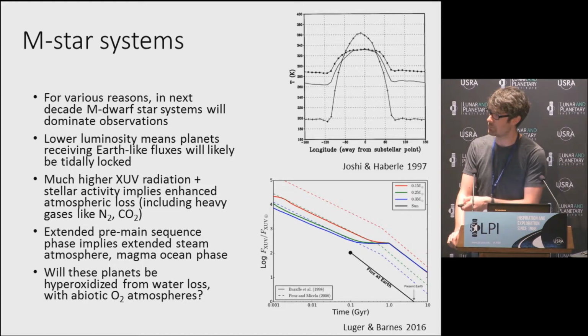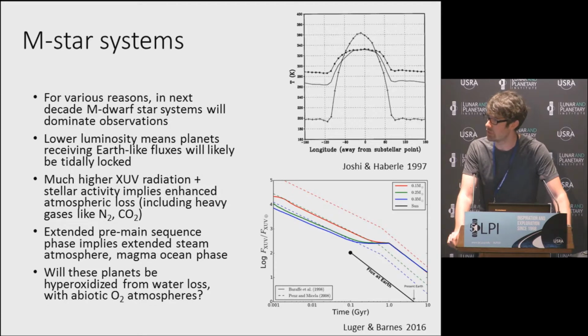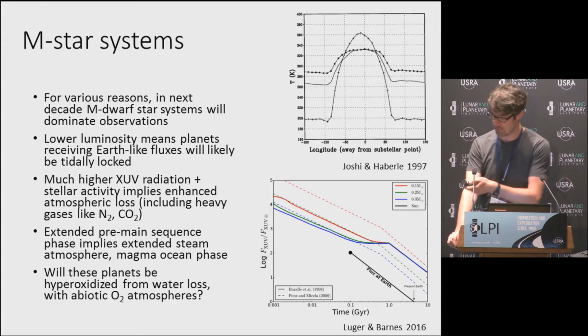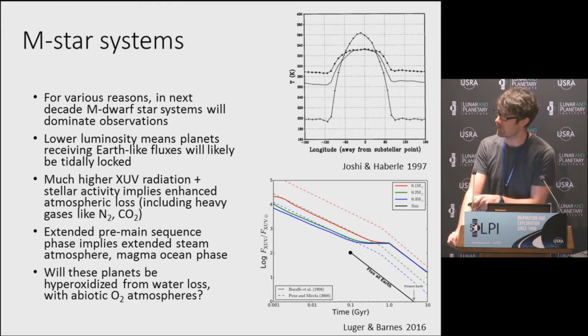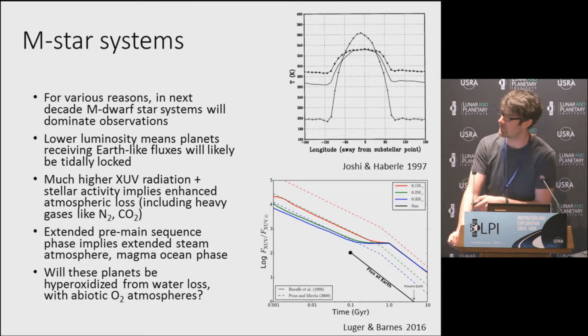From an atmospheric evolution perspective, even more important is the fact that these stars are extremely active emitters of XUV radiation and have high stellar activity, so atmospheric loss should be very enhanced in planets around these systems. That's true for H2O and for hydrogen, but also for heavier gases like nitrogen and CO2. And then the final point, as pointed out in this paper by Luger and Barnes a couple of years ago, is that there's an extended pre-main sequence phase that these stars undergo, which probably has extremely important consequences for the planet's evolution.